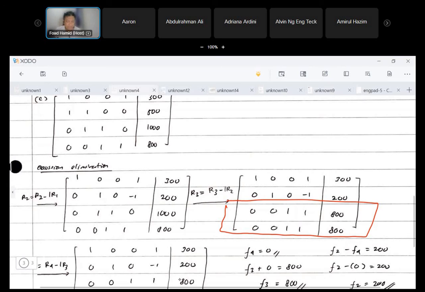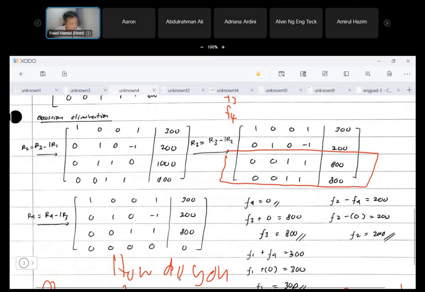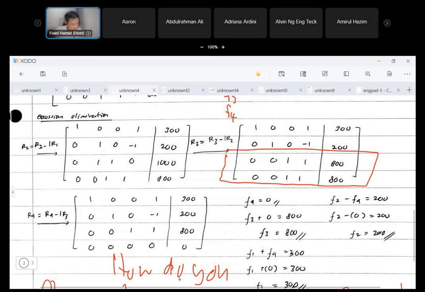So basically, in this case, there are four unknowns, which are F1, F2, F3, and F4. But if you look at this, it is all zeros, and you know that this basically is non-existent.